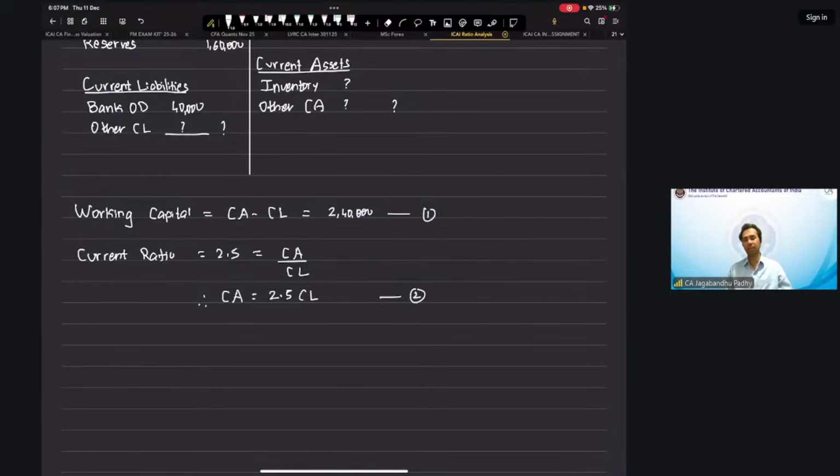Solve it and give me the value. You just need to substitute the current asset in the first equation.